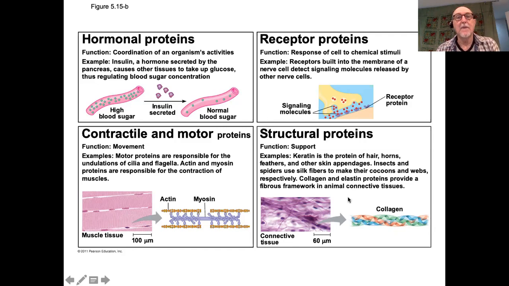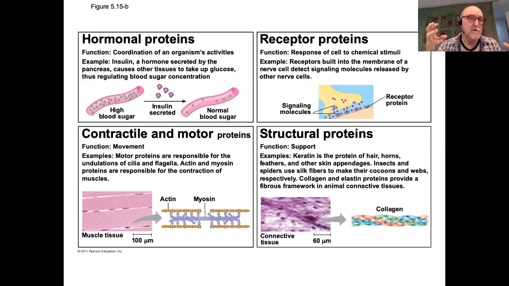The last is that much of the structure of a cell, and hence of the whole body, is defined by structural proteins. The cell itself has a skeleton, which is built of protein. And in addition, protein is involved in many other ways in the structuring of the body. I'll give you one example.